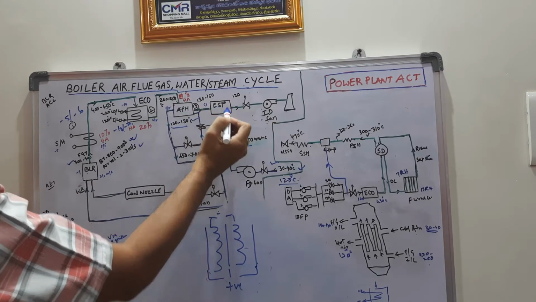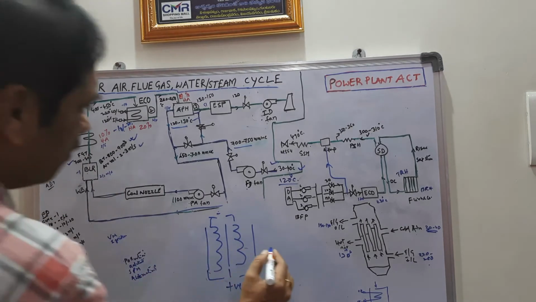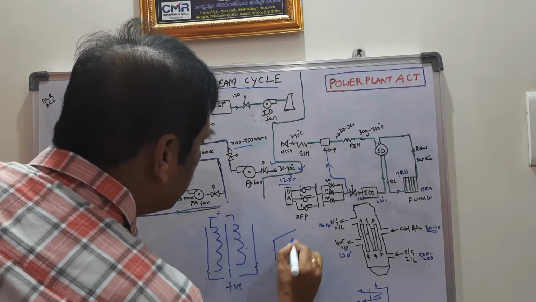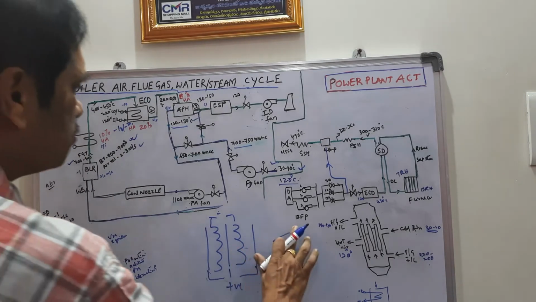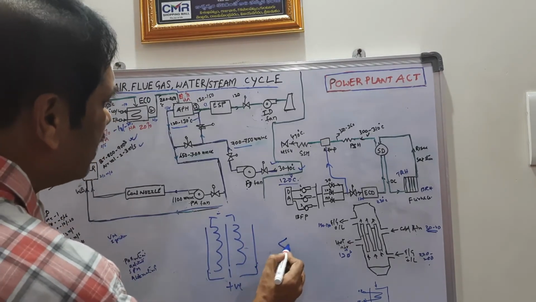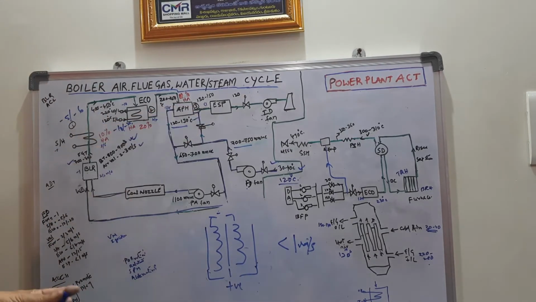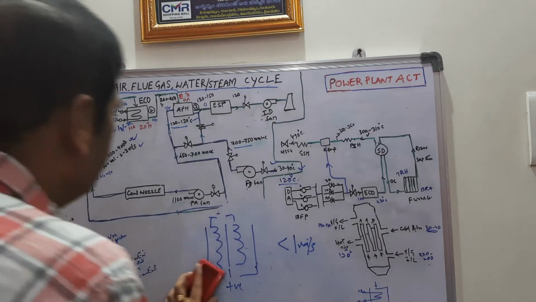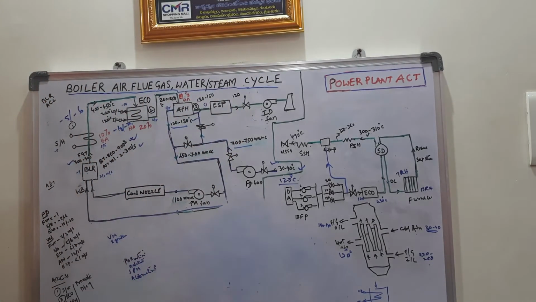After entering the ESP, this velocity suddenly reduces because the gas expands suddenly, and the velocity in the ESP is less than 1 meter per second. Then it enters the ID fan. This is the flue gas path.